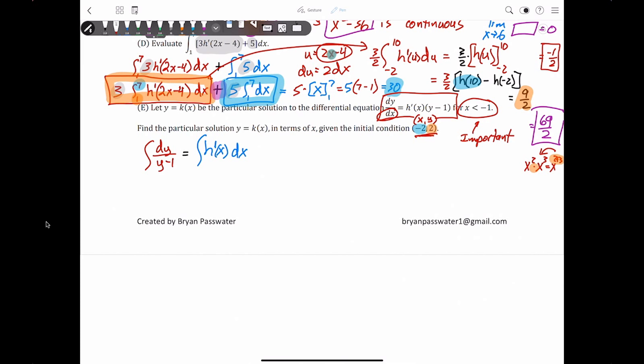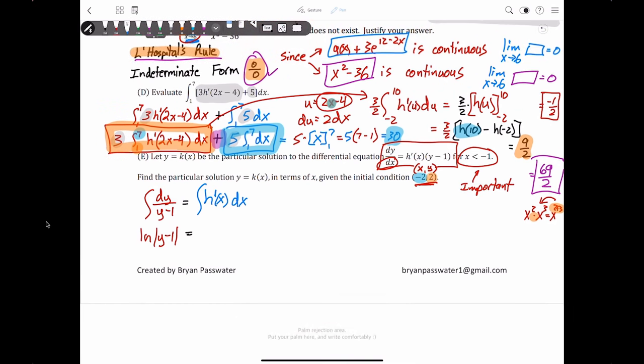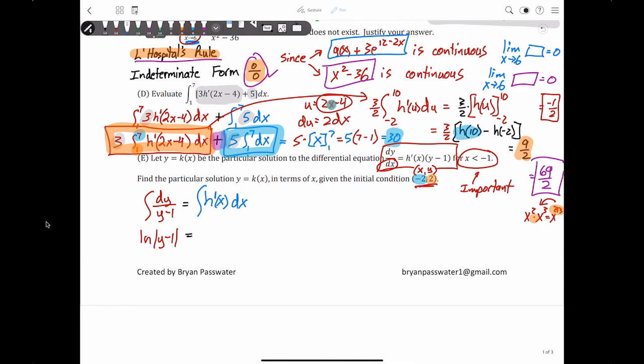The left side is going to become the natural log of the absolute value of y minus 1. The right side becomes, well, what is the integral of h prime of x? Now, I can go ahead and just go to h of x and then find the c that way. Or I can just ask, what is h prime of x where x is less than negative 1?